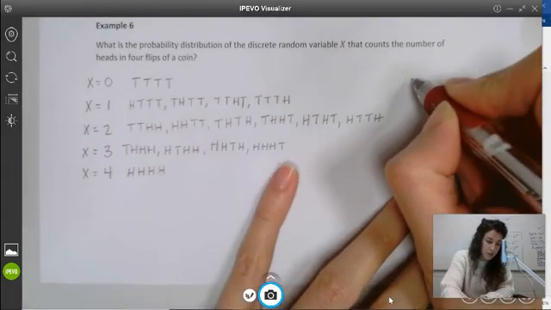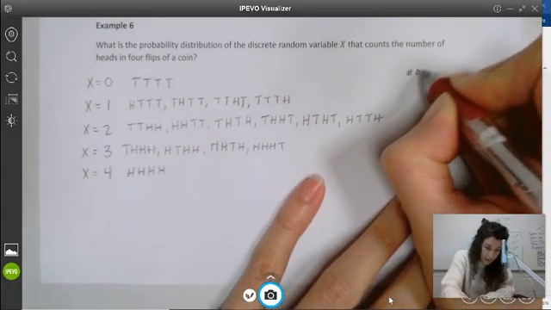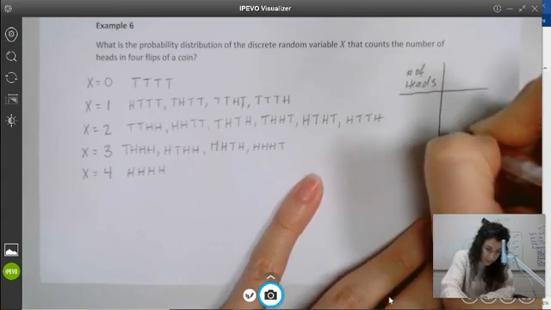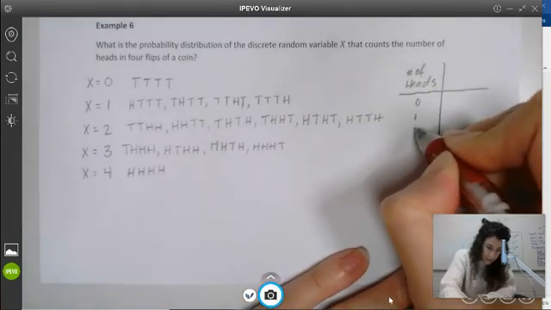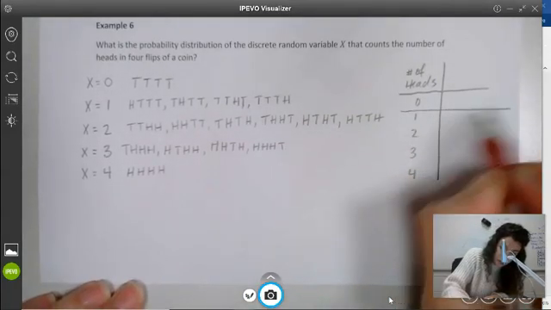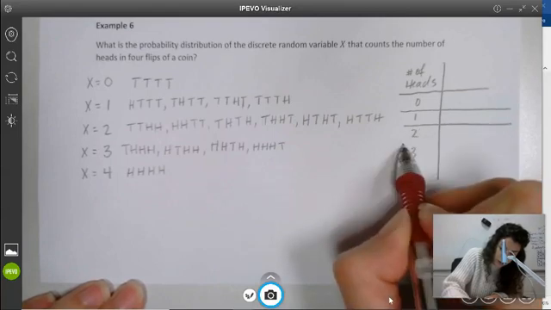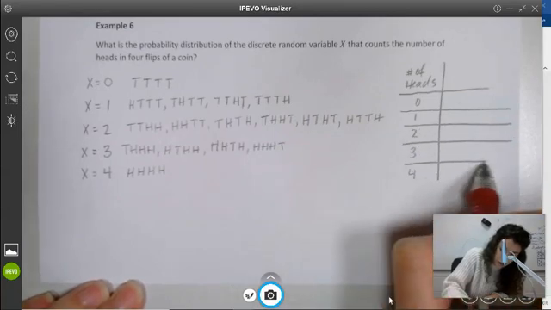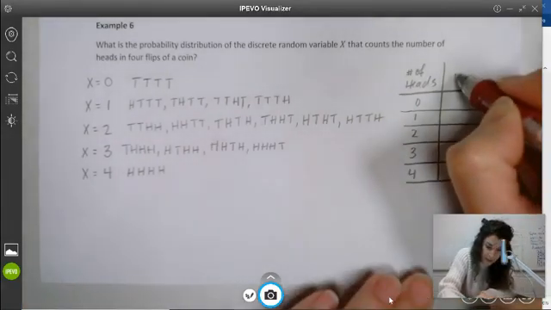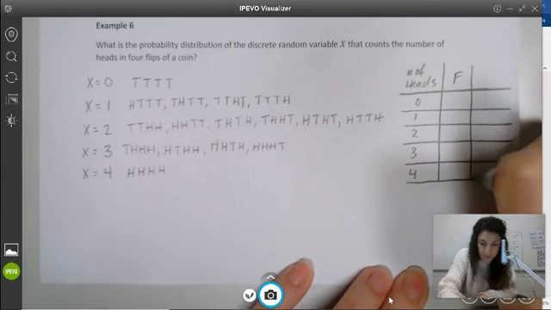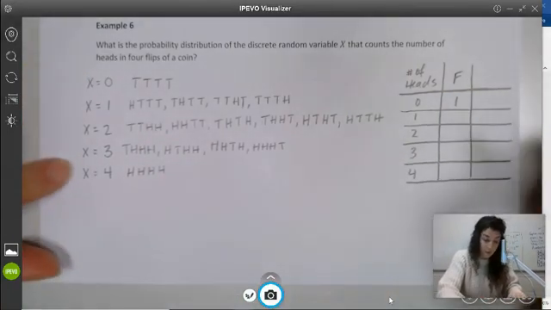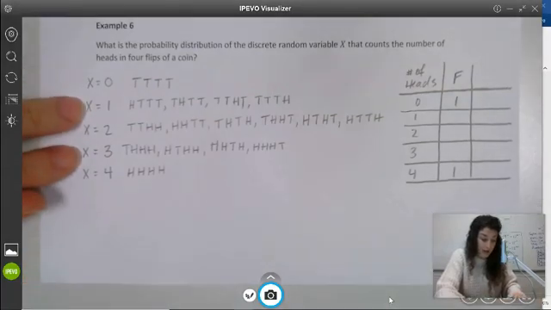So if I were to break this down, first of all, just into number of heads as a table: 0, 1, 2, 3, 4. And I just wanted to calculate their frequency. 0 heads would be a frequency of 1. 4 heads would be a frequency of 1.